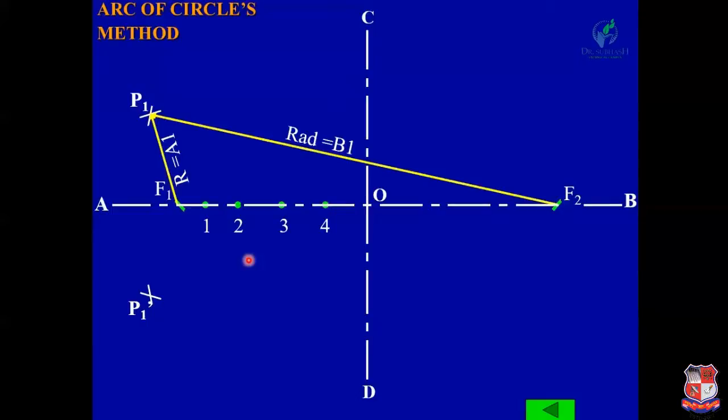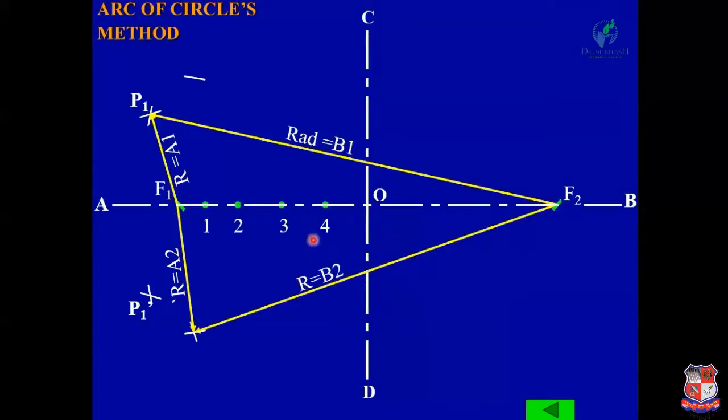Now similarly, with center F1 and radius equal to A2, draw arcs on both sides. Now with center F2 and radius B2, draw arcs and get the intersection points P2 and P2 dash.